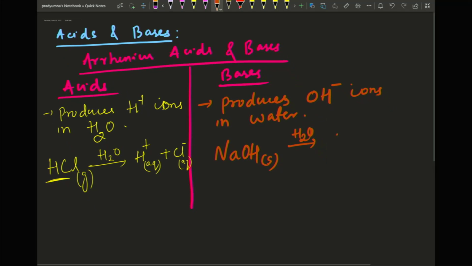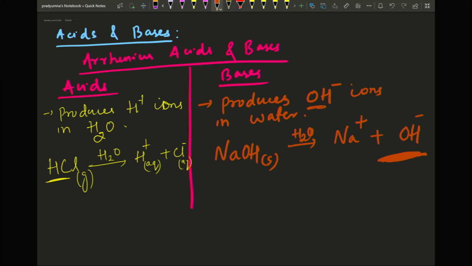What would you get? You'd get sodium plus OH minus ion. So this ion is your base. Anything that produces OH minus is called a base, and anything that produces H plus ions is our acid.